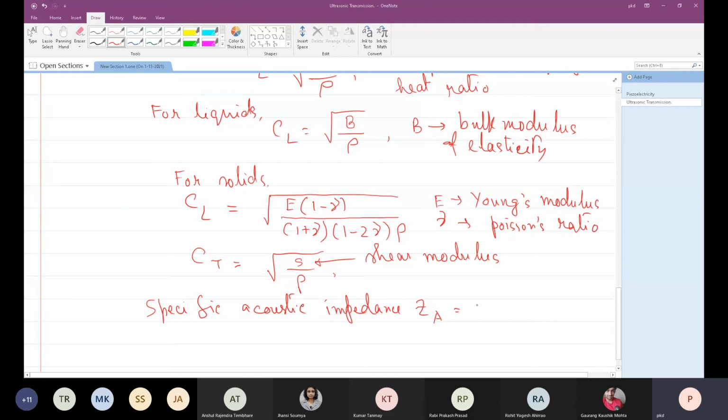It is equal to P by U. P is the effort or stress.